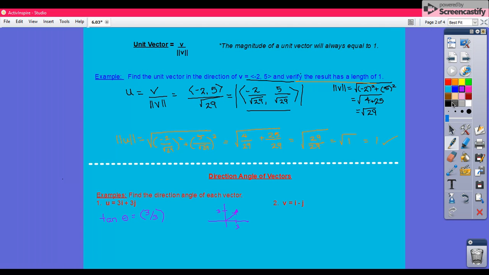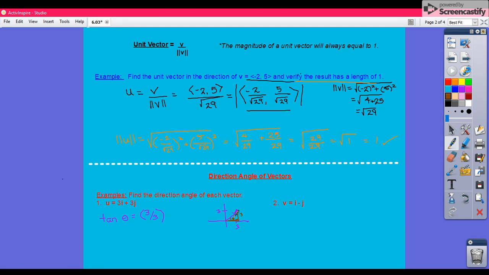The reason why that is, I'm just going to do a quick proof for you guys, is it goes back to right triangles. Vectors do come from right triangles. So if you note, the y value is 3, the x value is also 3, and I'm looking for the angle here. And notice I'm given the opposite and adjacent side.